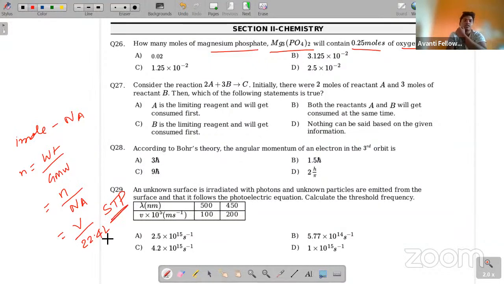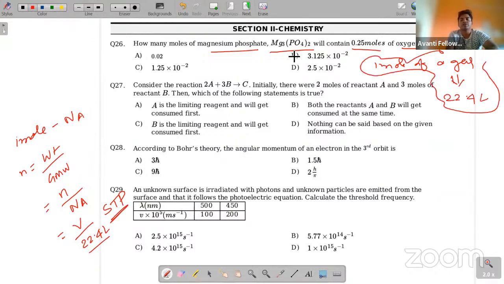This is for gas. So if they ask how much volume 1 mole of a gas occupies at STP, it is 22.4 liters. I hope you all are clear with this.